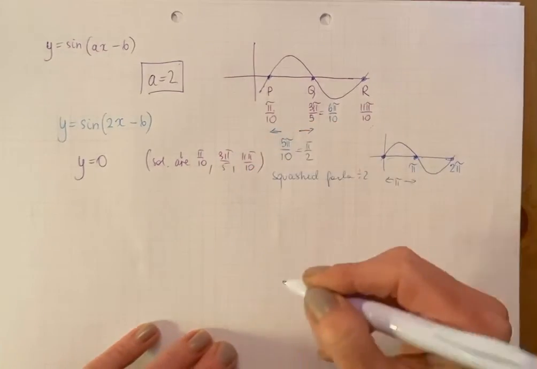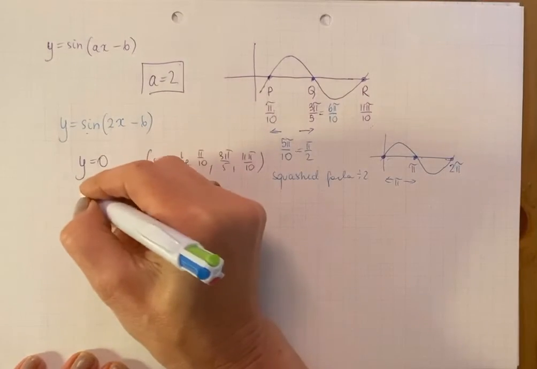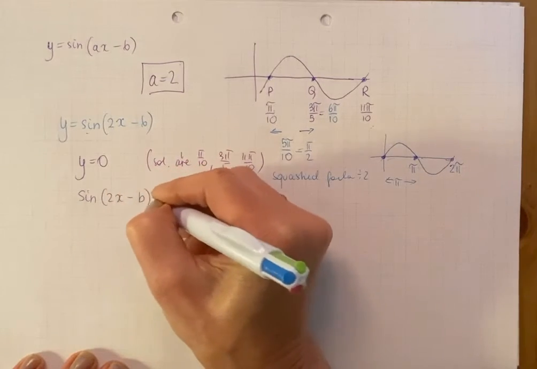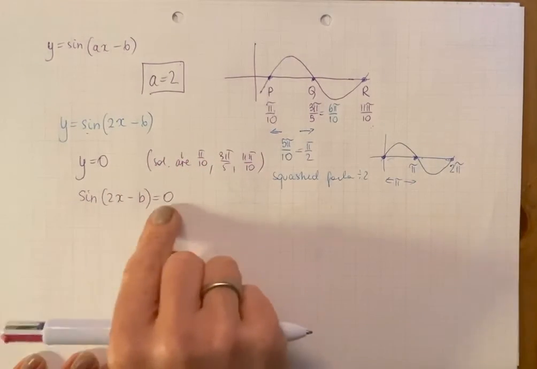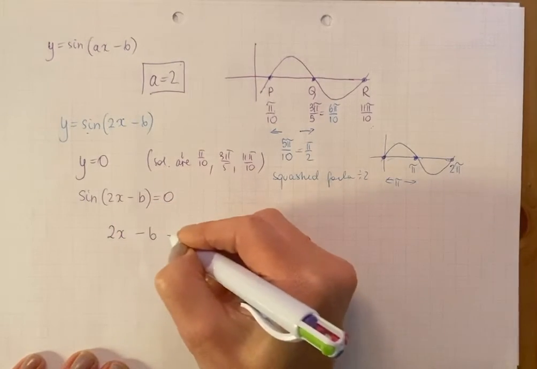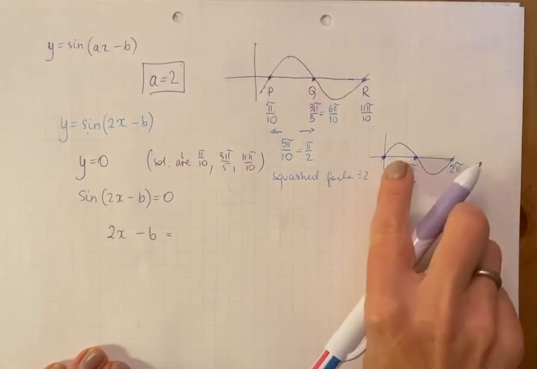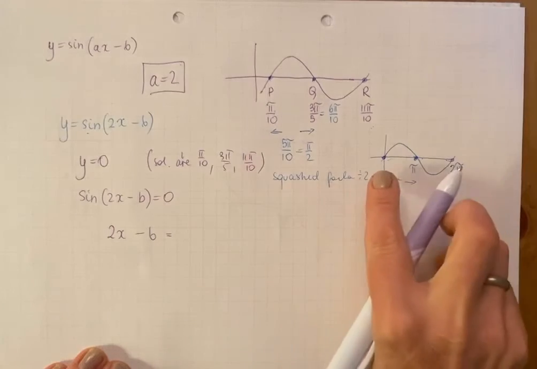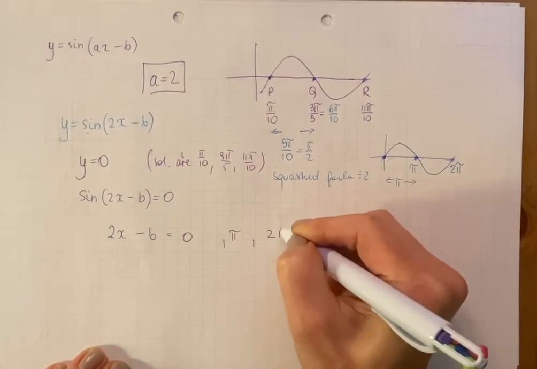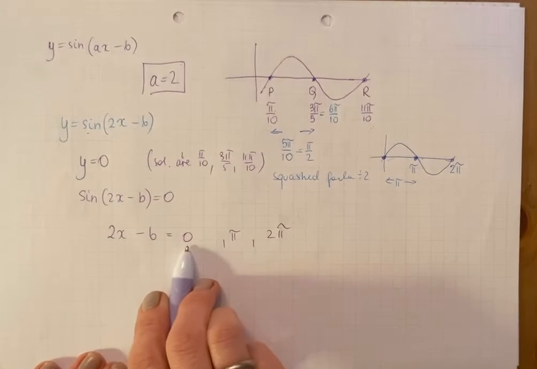We only need one solution in this question. But what has been solved? Well, sine of 2x minus b equals 0. Now imagine if you were to solve it, you'd be doing 2x minus b, and you would list those roots, those values where this graph crosses. So it would be 0, pi, 2 pi. Well, we actually can work out what b is from the first value.